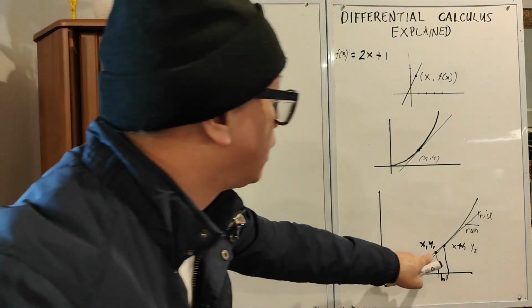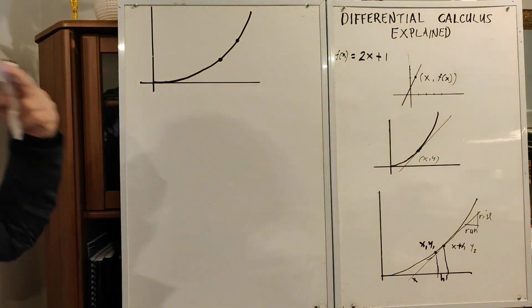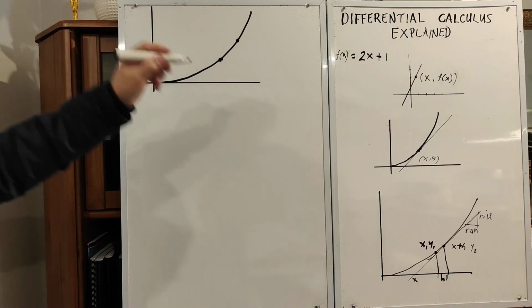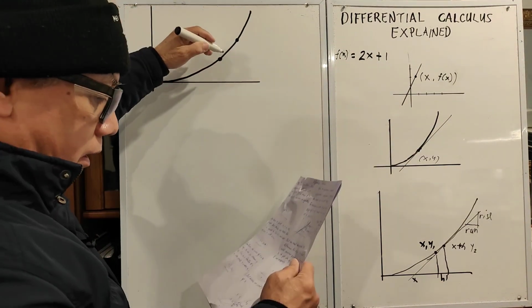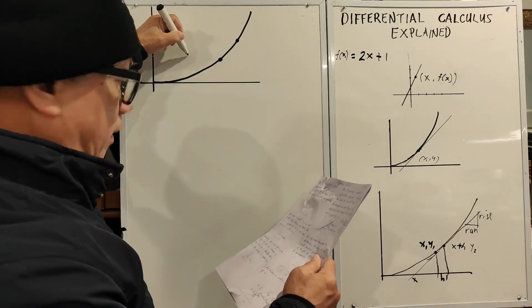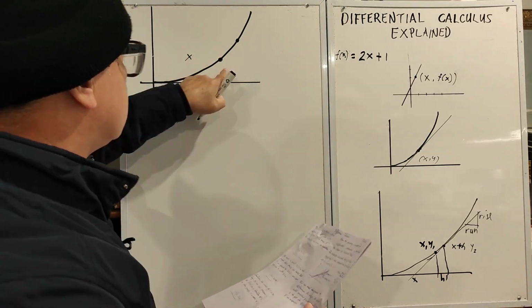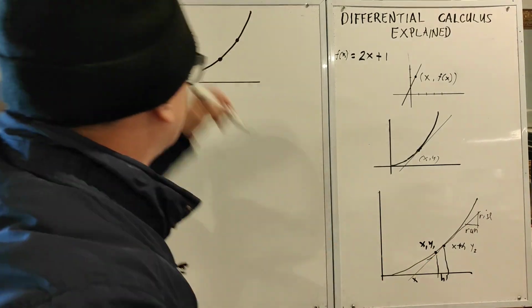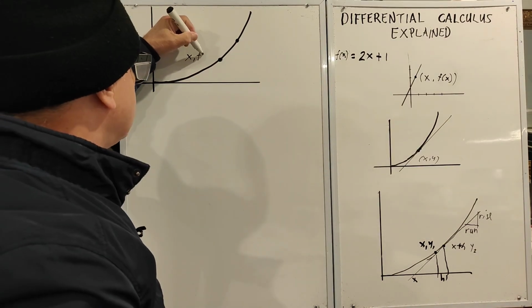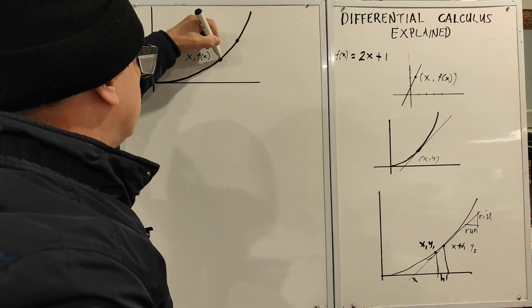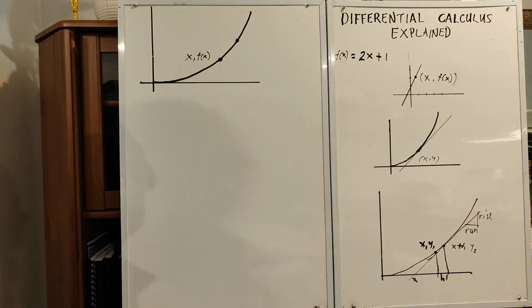But instead of writing y, we will use this renaming system. So this will become x. This is still x. But this one, instead of y, we will write the function of x. This point is x and the function of x.